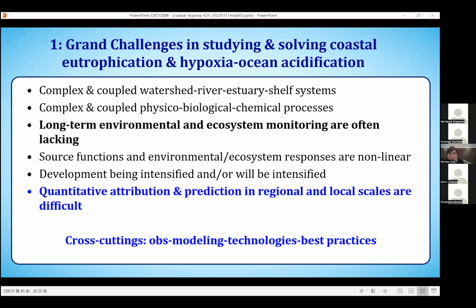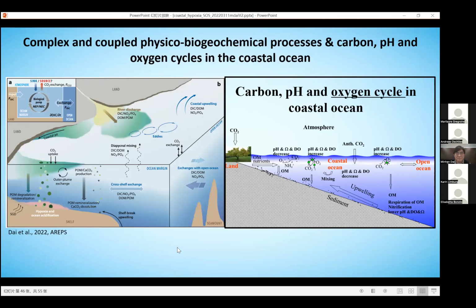And finally, quantitative attribution and prediction, in particular at regional and local scale, are very, very difficult and challenging. Of course, you are facing cross-cutting issues: observation, modeling and technology, the new technology revolution, and using the best practice of ocean usage by the industries.